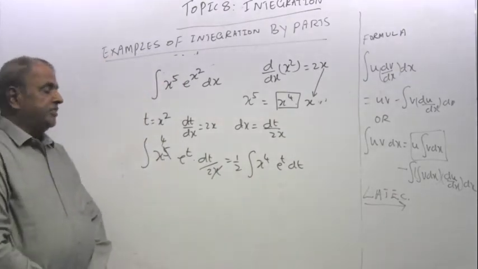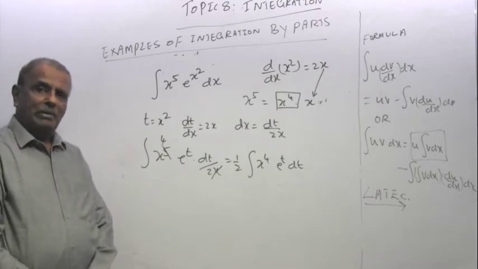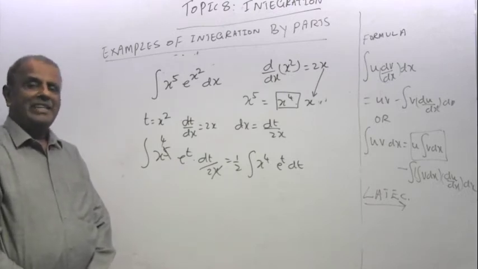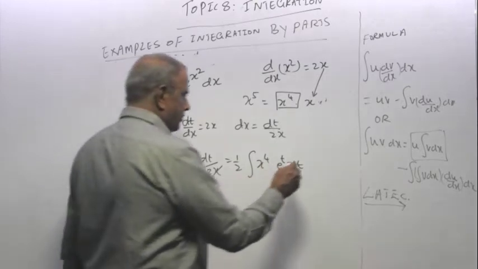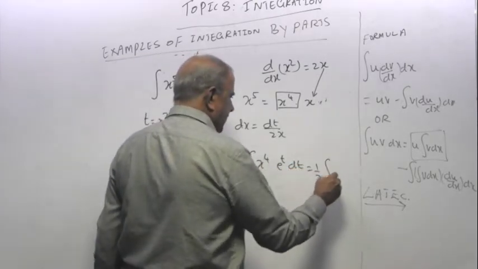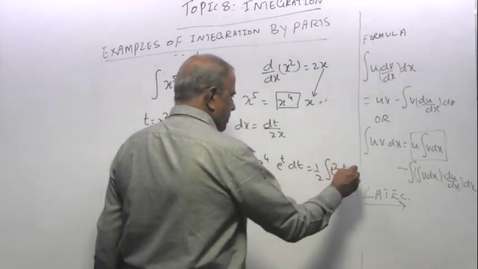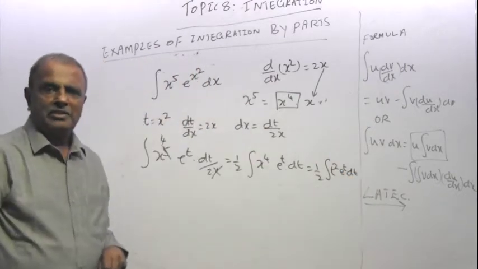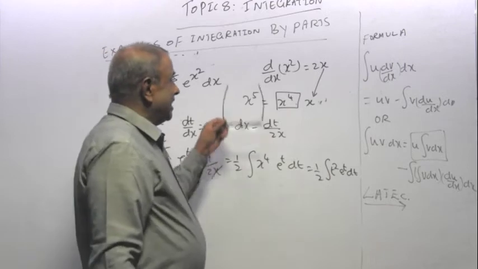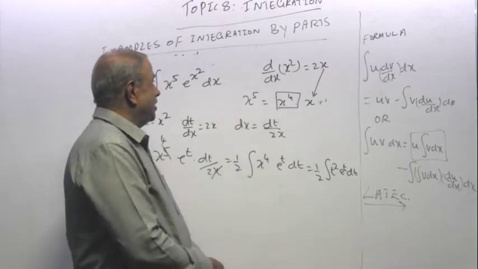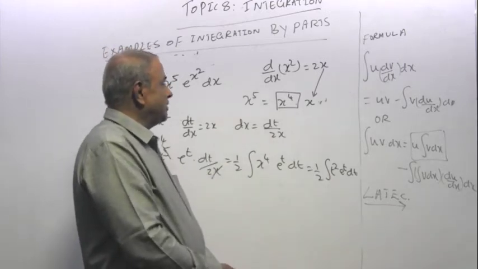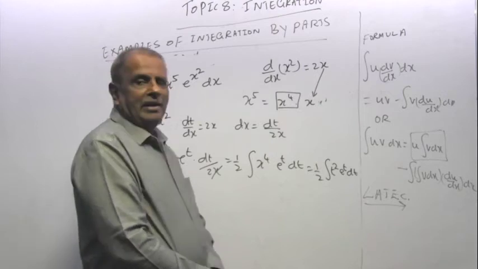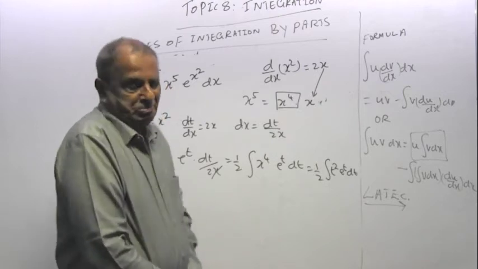If x squared is t, x power 4 will be t squared. So it becomes half integral t squared e power t dt. Now I can use integration by parts. Generally, if this question comes in the examination, use the substitution t equal to x squared and evaluate. Right?